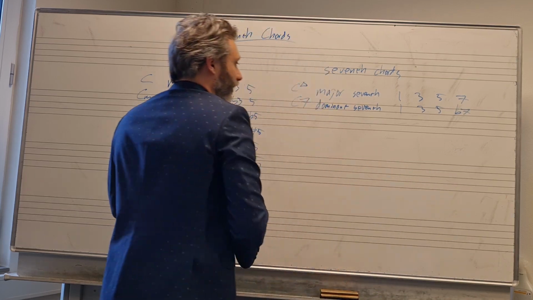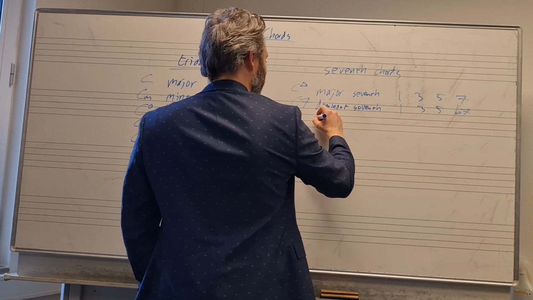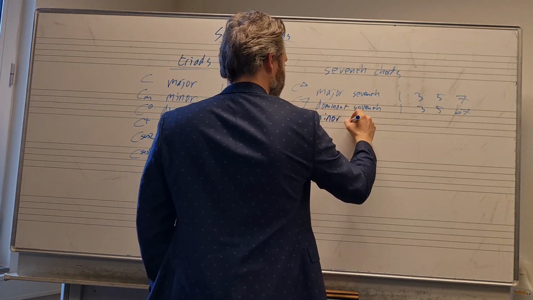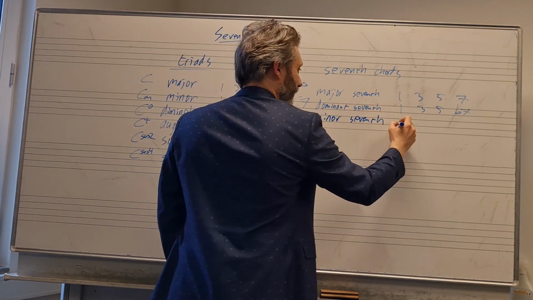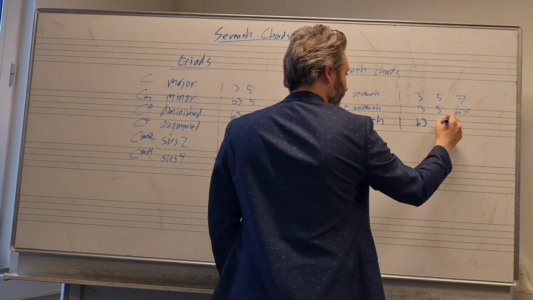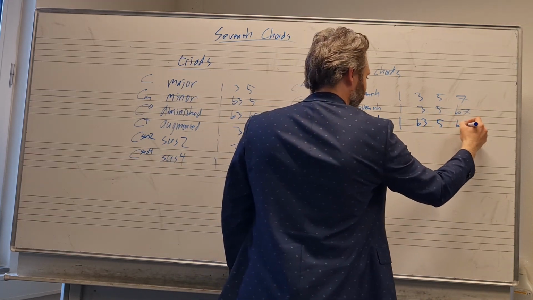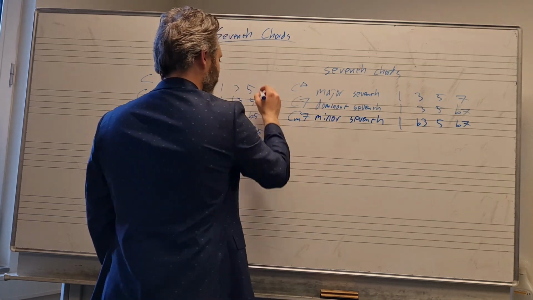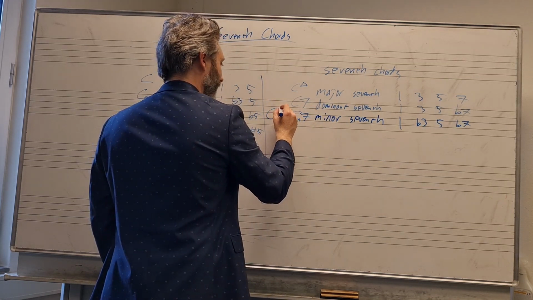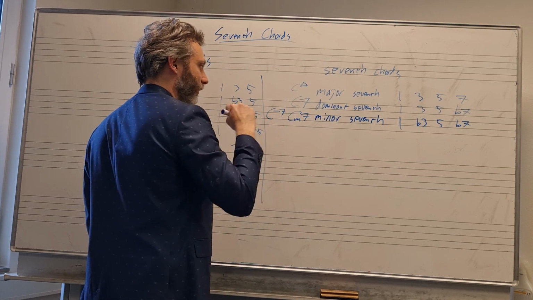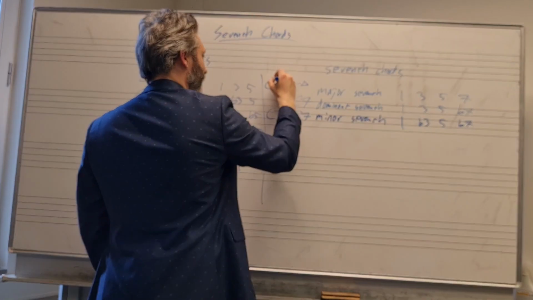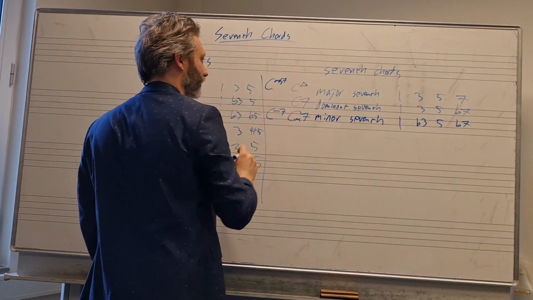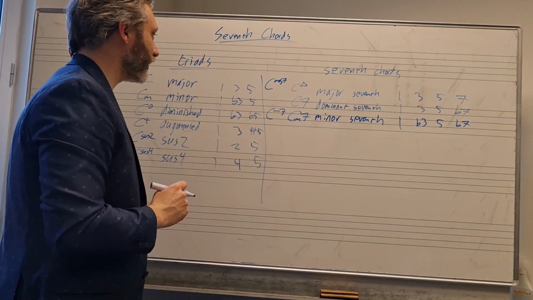Now, if we get a minor 7th, then we've got a minor triad with a minor 7th. Okay, so that's C minor 7. Sometimes you see C minor 7 like that with a minus sign. And sometimes you see C major 7 like that, M-A-J.